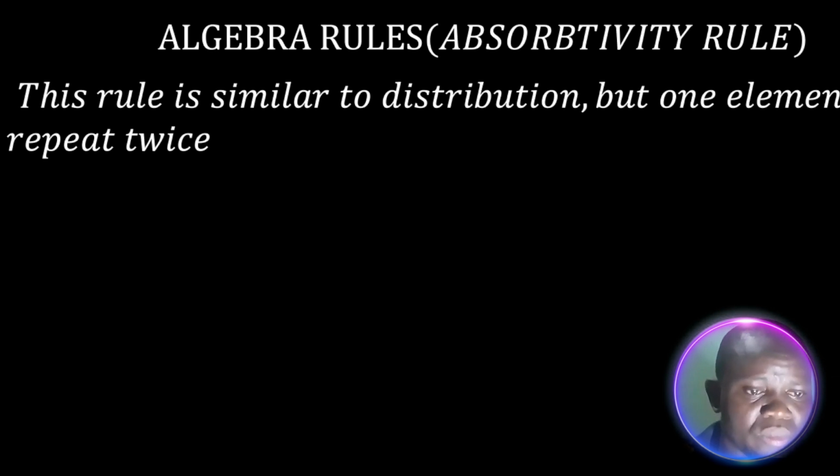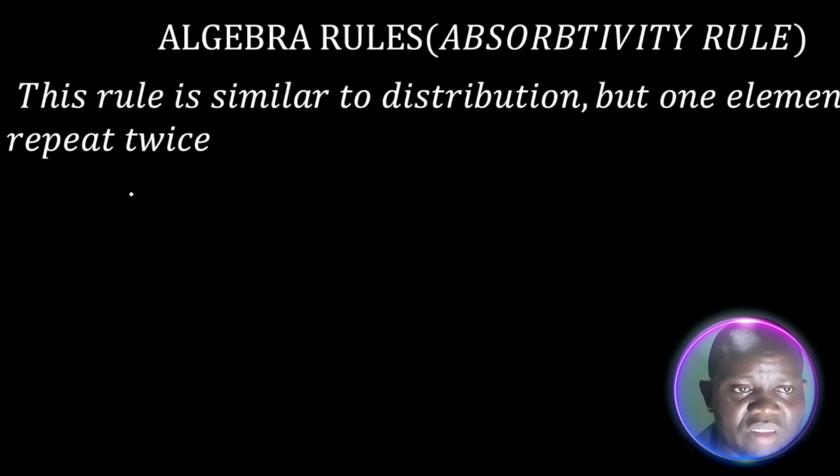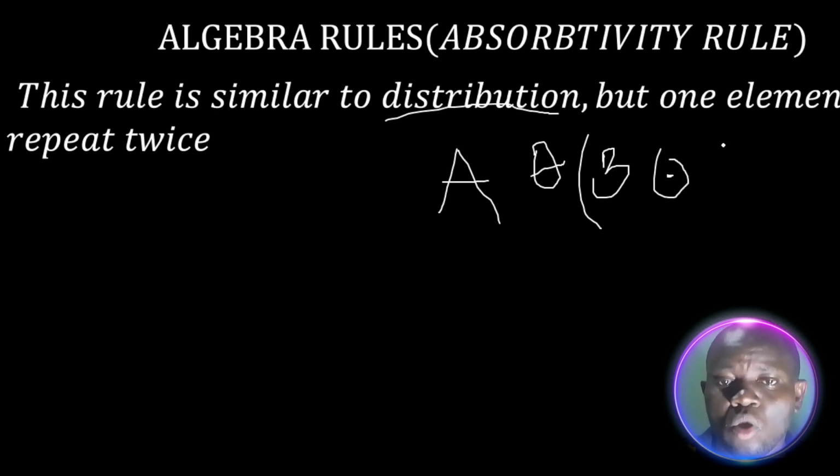Now, what this principle is telling us is that the rule is similar to the distribution rule. Yes, it is similar to the distribution rule. But you remember that in the distribution rule, if we have A combined with B, with another sign entirely, combined with C, what happens?